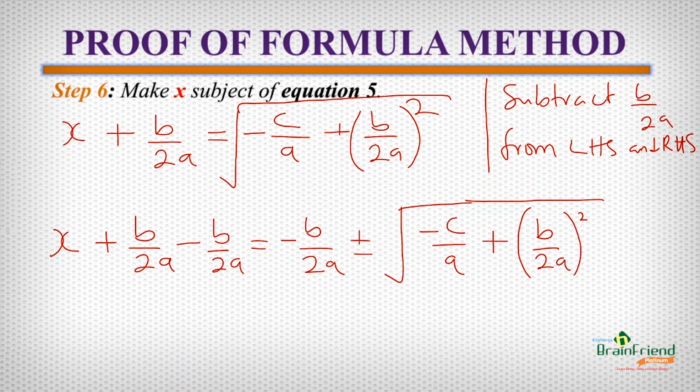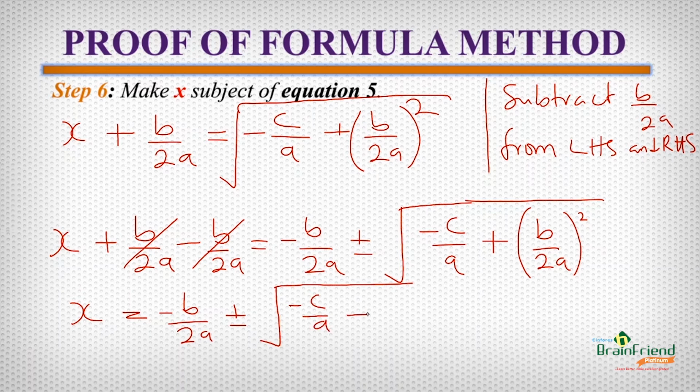Now, b over 2a would cancel b over 2a, and we'll be left with x is equal to minus b over 2a plus or minus square root of minus c over a plus b over 2a all squared.